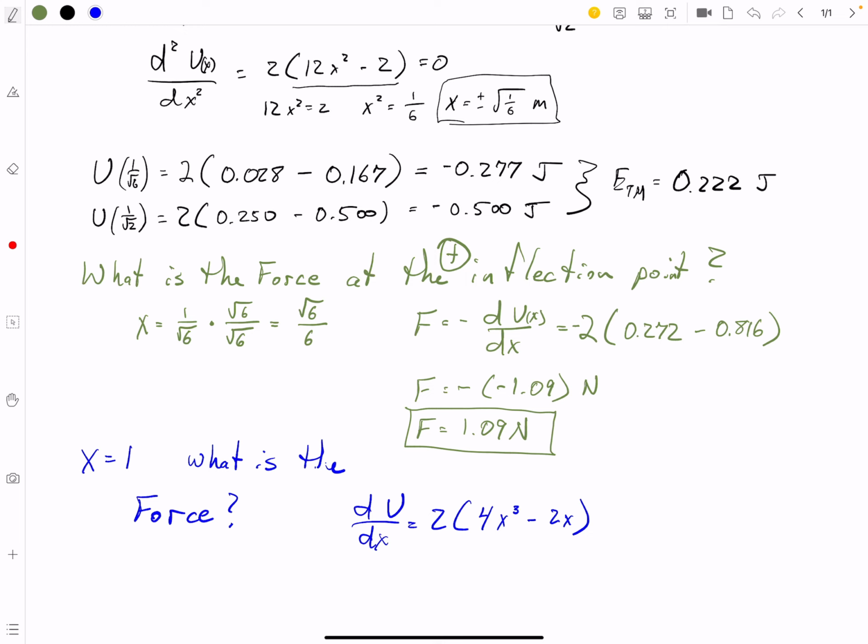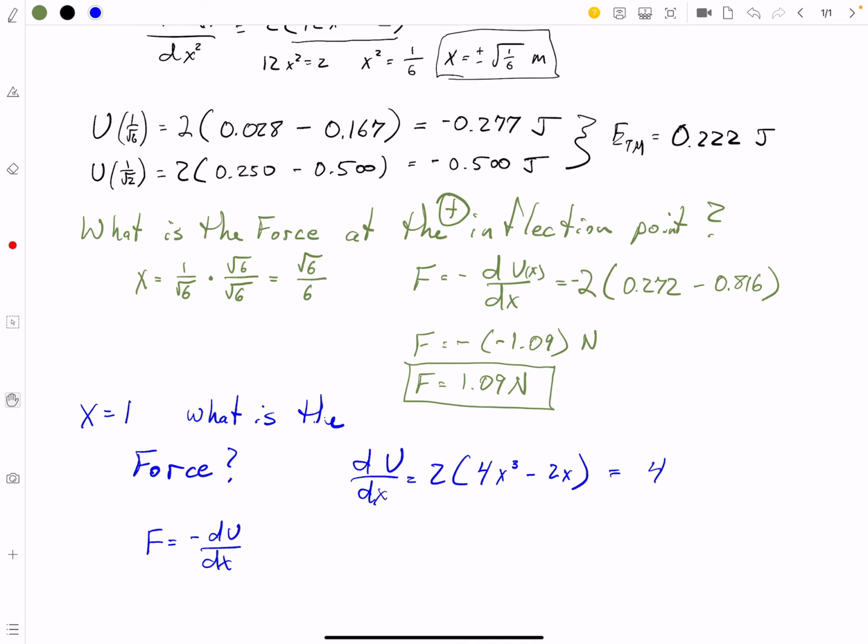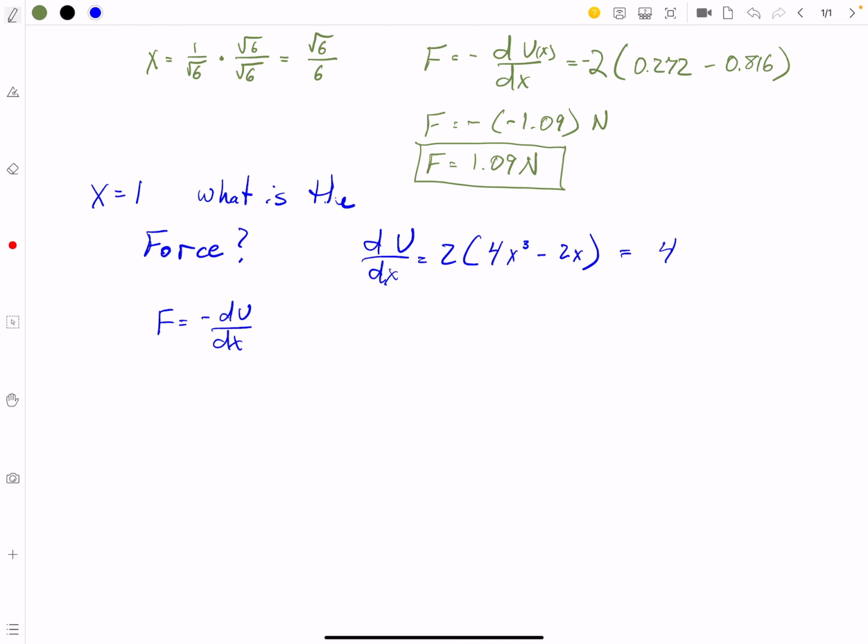Making it easy on ourselves. We really want the negative of it, but if we figure out what that is at 1, we've got 4 minus 2 times 2 is 4, okay? And if we take the negative of it, because the force is equal to minus du dx, we get minus 4 newtons.